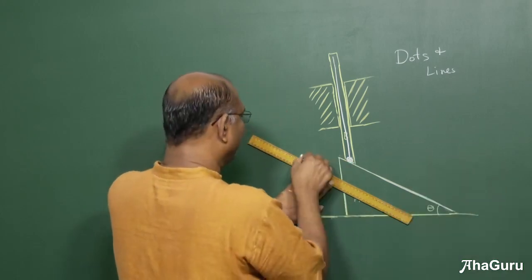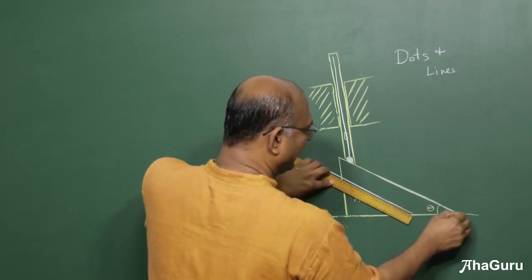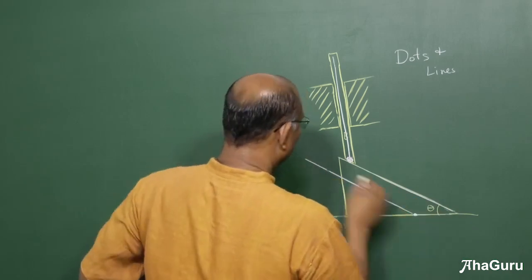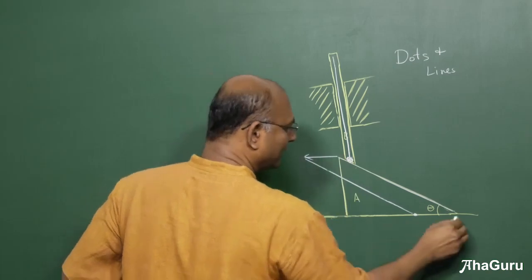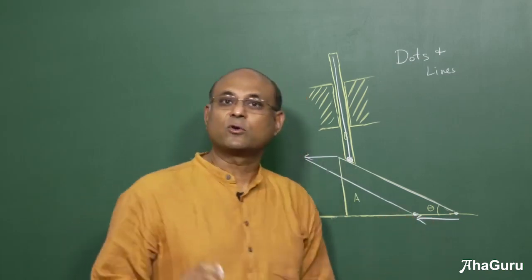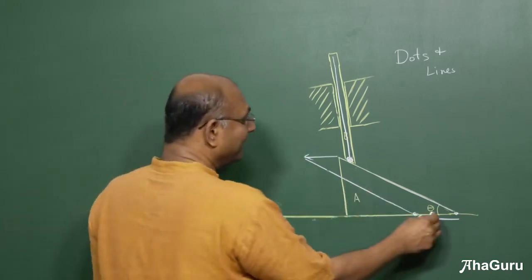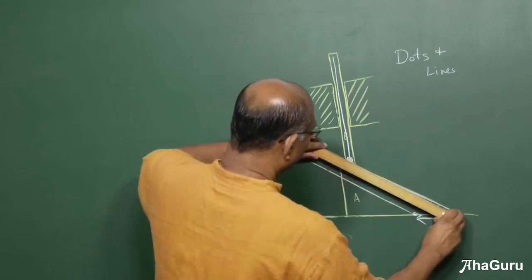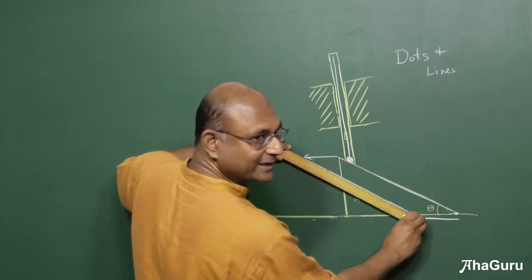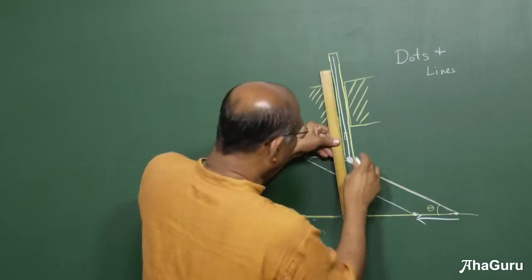So that means this point would have come there, right? And that point would have come here. So this is the amount that has been moved by these points. So focus on dots, focus on lines, because our geometry is entirely lines and dots. Well, if this incline has moved to this position, where do you think this line is going to go? It is going to come down vertically, right?